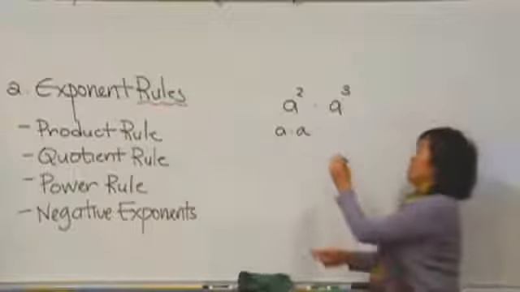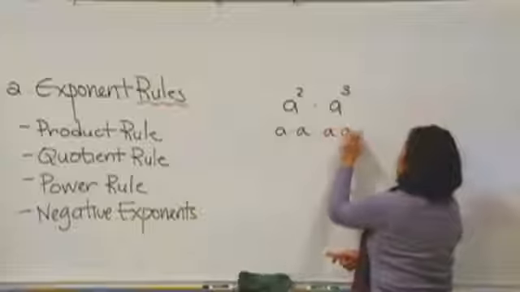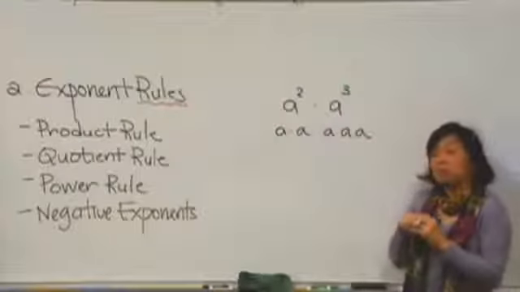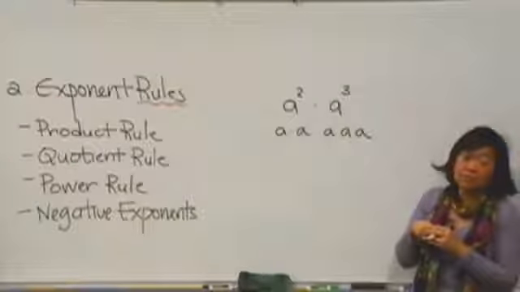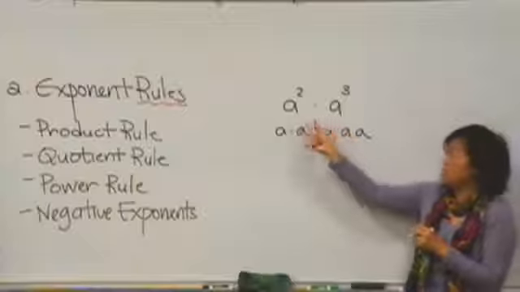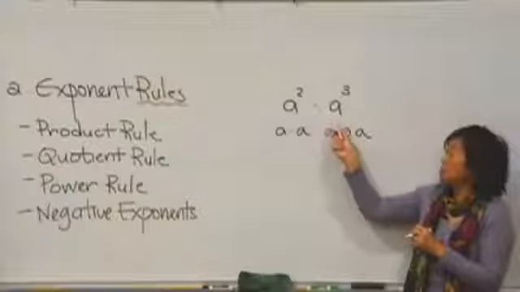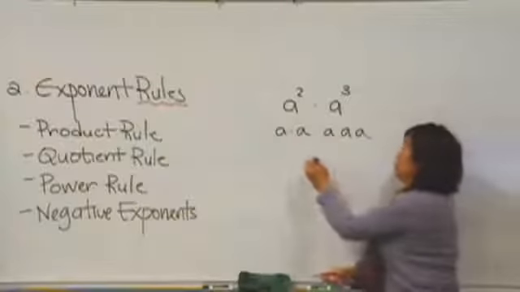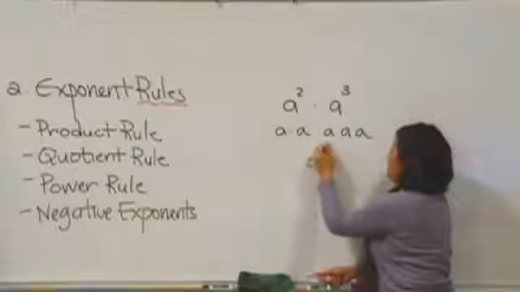This one means that instead of three a's, we're just going to write it like this. So if you remember that exponents are simply abbreviations, when you see a to the second times a to the third, and you think, okay, there's two a's here and three a's here, you can see that the abbreviation for your answer would simply be a to the fifth.